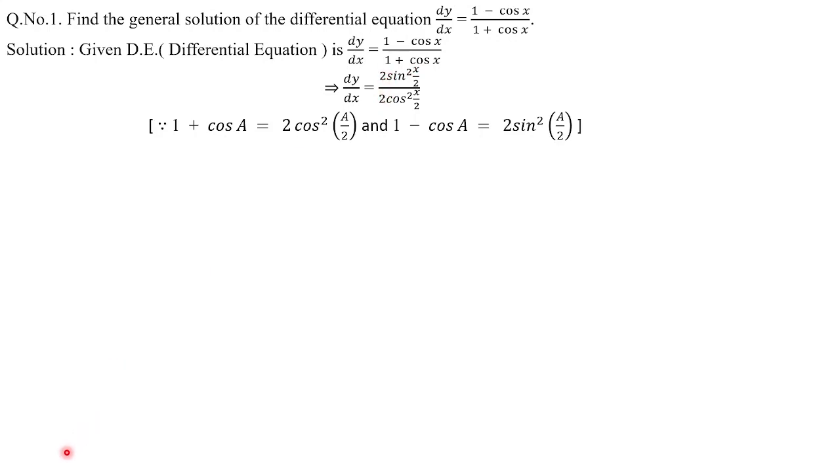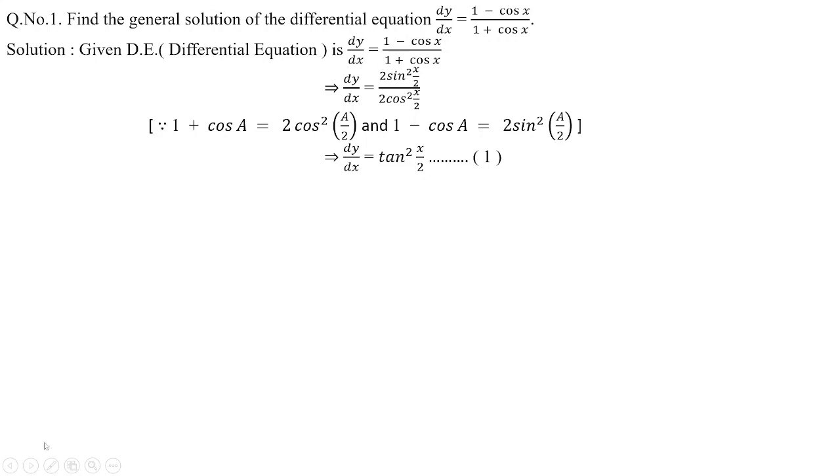Now, can you guess the next step? Numerator and denominator 2 is there. We can strike out the 2. Then dy by dx is equal to, what will you get here? Sin square x by 2 by cos square x by 2. Can it be written as tan square x by 2 or not?